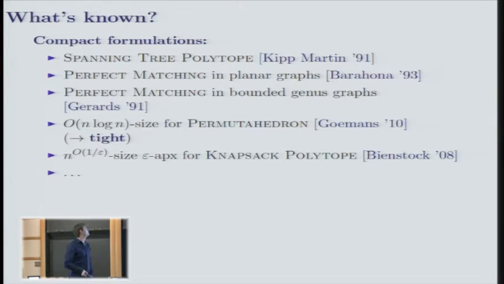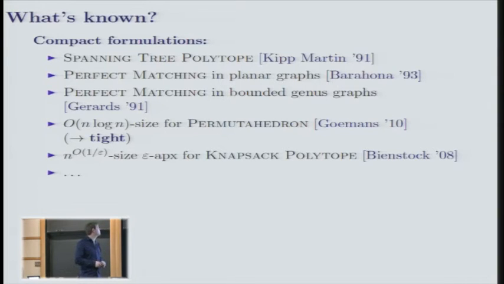Now, there are many examples where this kind of technique helps to reduce the number of inequalities that you need from exponential to polynomial. Some of the examples are the spanning tree polytope. You might remember that in the original space, for every cut, you need some inequality telling you how many edges you can take in the cut, but you can add some flow variables, and then you only need n to the 3 many inequalities.